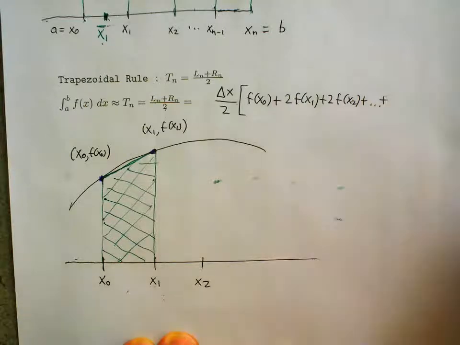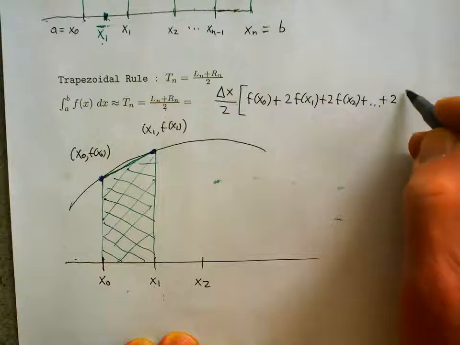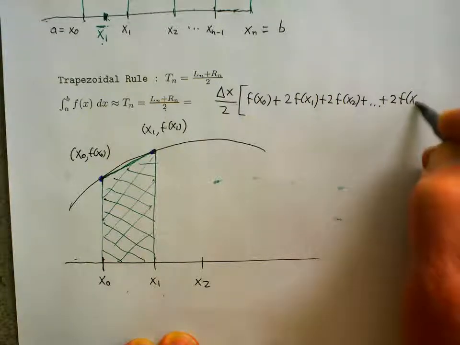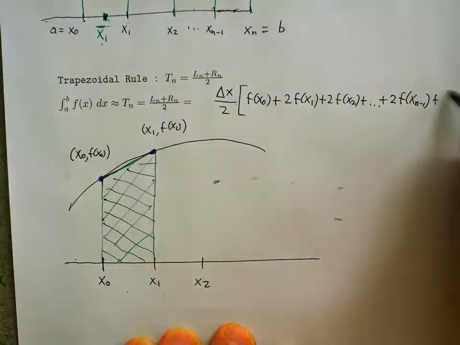At the other end, the second to the last term is 2 times f of x sub n minus 1, and the last term is f of x sub n.